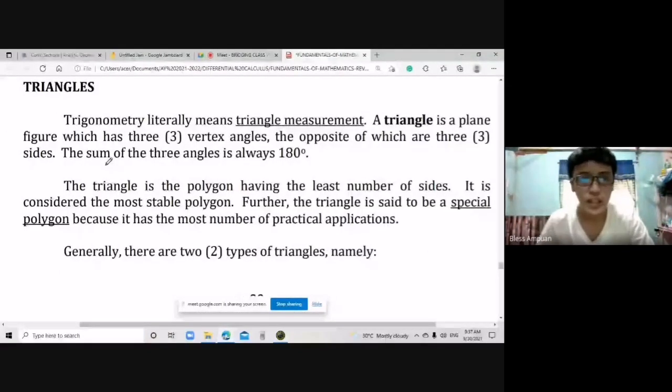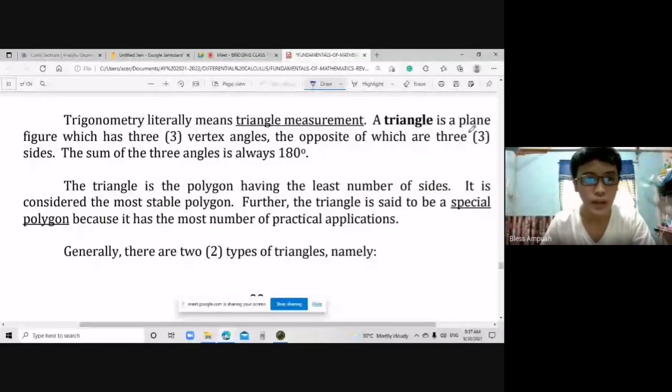Triangles. Trigonometry literally means triangle measurement. A triangle is a plane figure which has 3 vertex angles, and the opposite of which are 3 sides. The sum of the 3 angles is always 180.